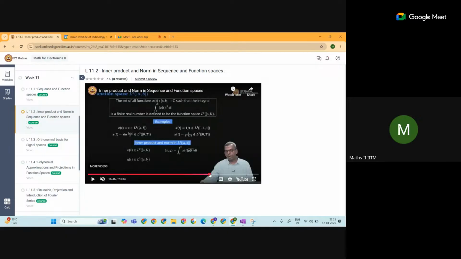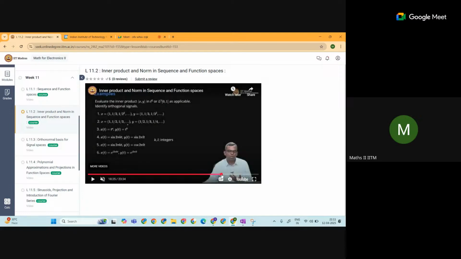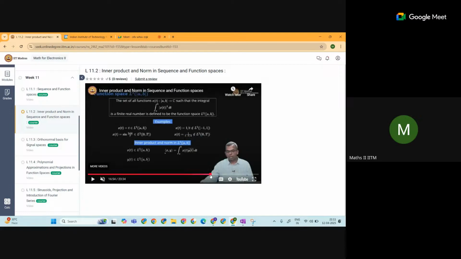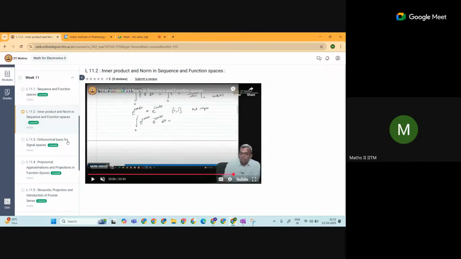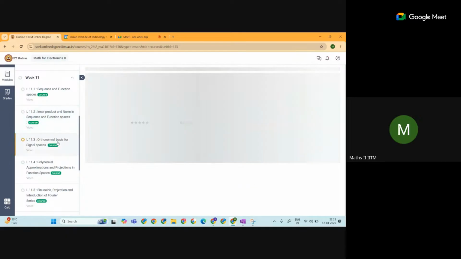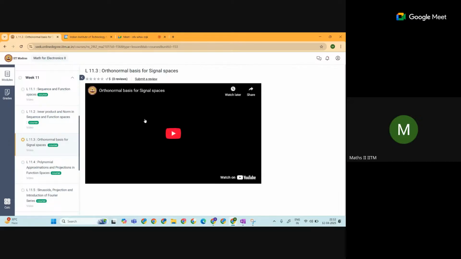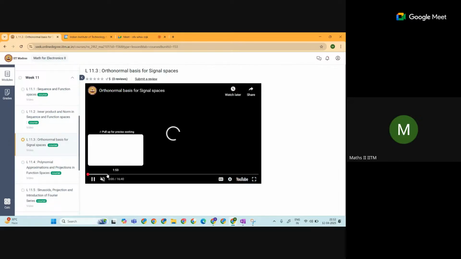The important thing is we are going to write these functions in some Fourier series form. And how will we write it? These function spaces actually contain some basis, an orthonormal basis, of sine and cos functions.